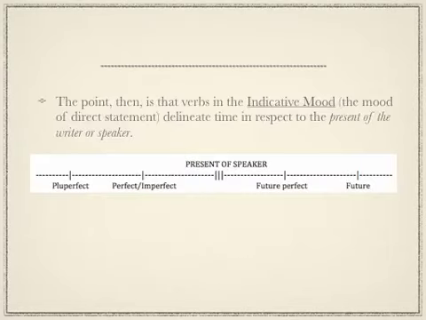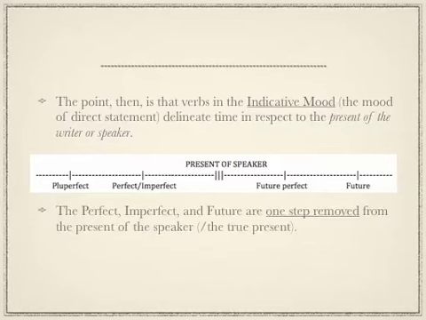So here's a little timeline and a summary of my point, which is that verbs in the indicative mood delineate time in respect to the present of the writer or speaker, the true present. So there's the present of the speaker, and the other tenses next to it. The perfect, imperfect, and future are one step removed from the present of the speaker. That is, they are directly related to it.